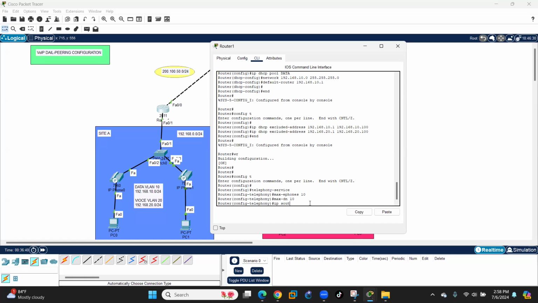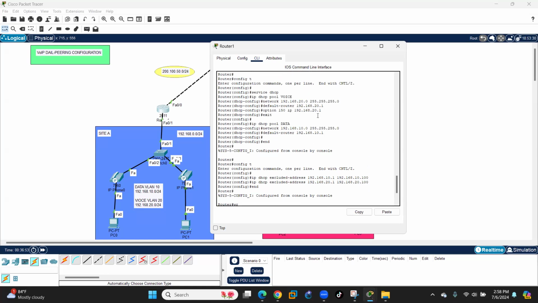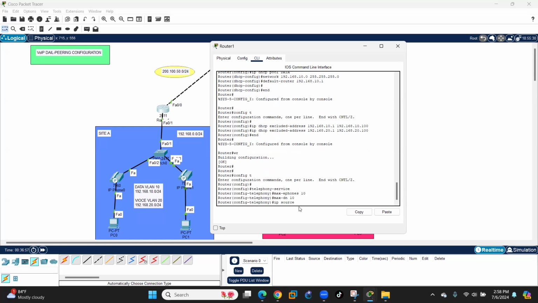My IP source for my phone is 192.168.20.1. This is the default router. It's 20.1. That is my default gateway. Port 2000.